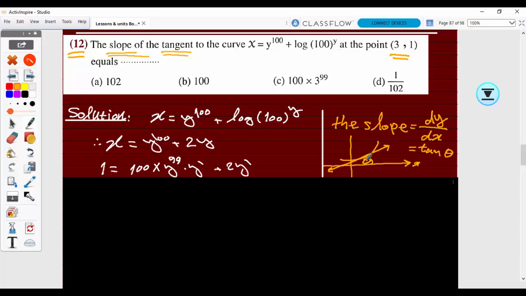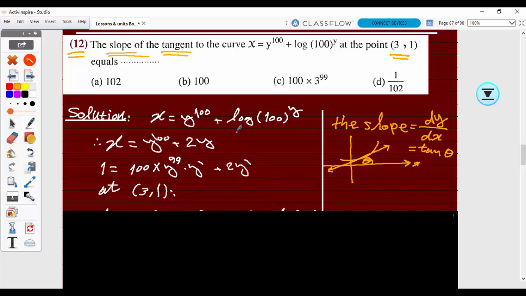Here is theta. So we have x equals y power 100 plus logarithm 100 power y. So we have x equals y power 100 plus 2y. How do we get 2y? Here is logarithm 100 to the power y.